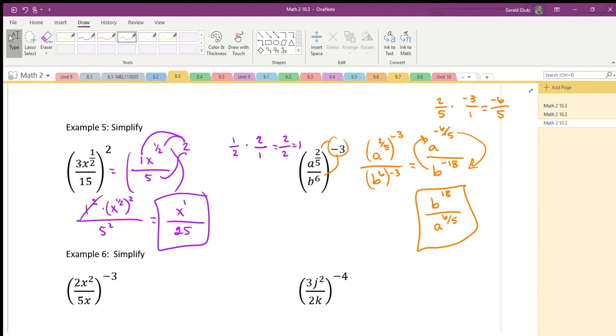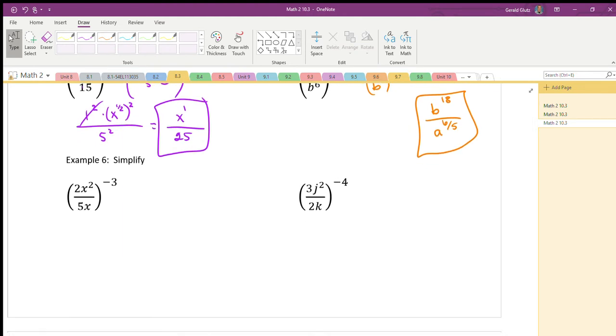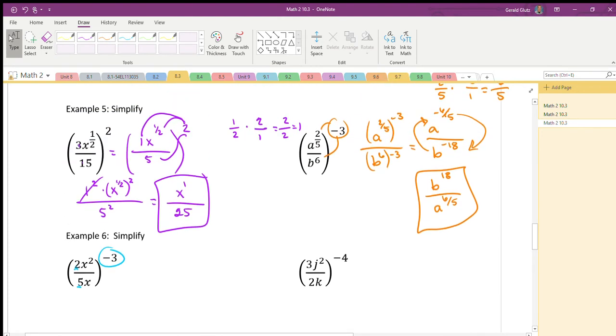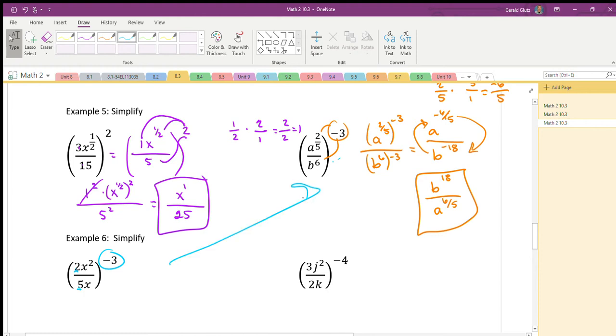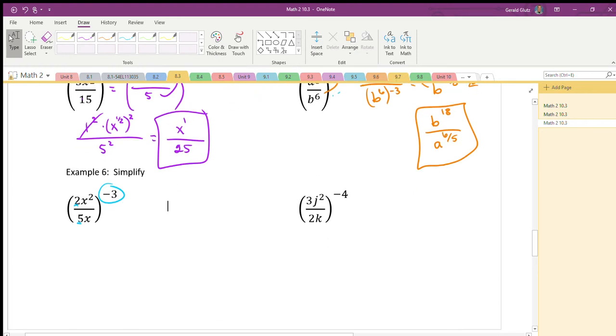So I'm gonna show you another way to do these when you start off with a negative exponent. So first you can look at the two numbers. Those do not simplify, so I can't really do anything with them. If I wanted to get rid of this negative exponent right away, instead of multiplying all those by -3, I could take the reciprocal of this fraction.